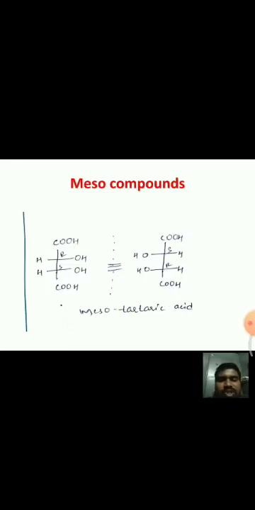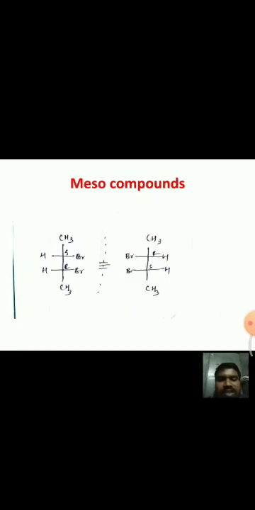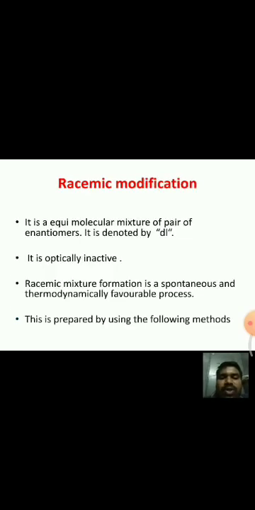For example, this is meso tartaric acid, which is superimposable on its mirror image, and this is optically inactive. This is also the meso isomer of 2,3-dibromobutane.